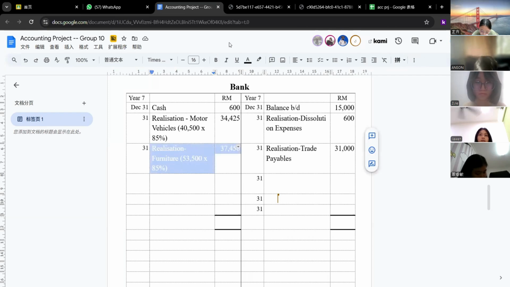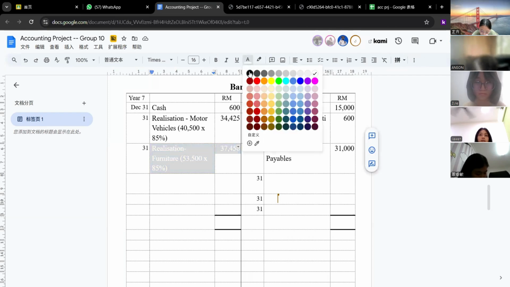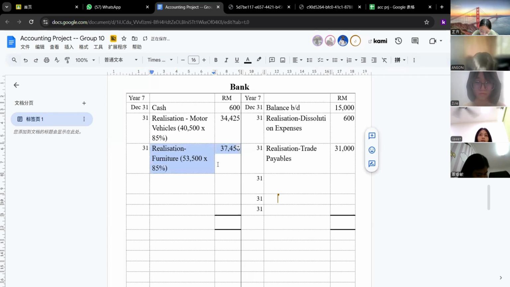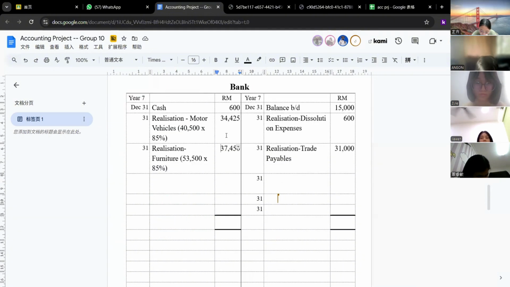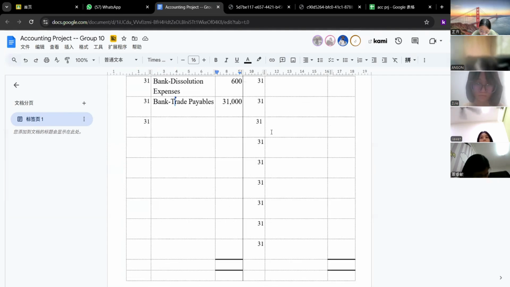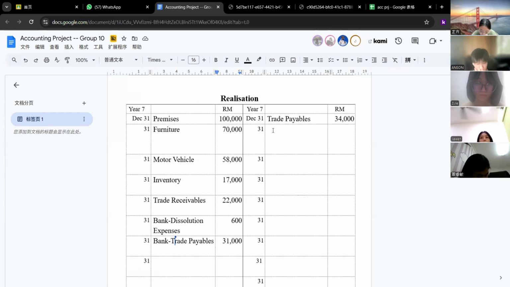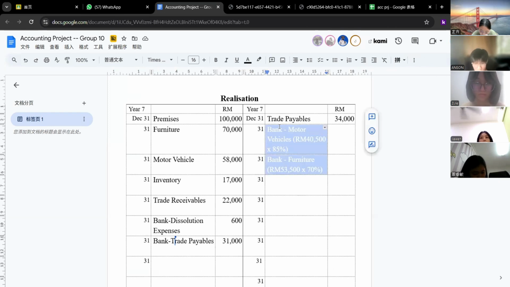And then bank, furniture also 37,450. And then on realization it is the same, bank motor vehicles and bank furniture on the credit side.